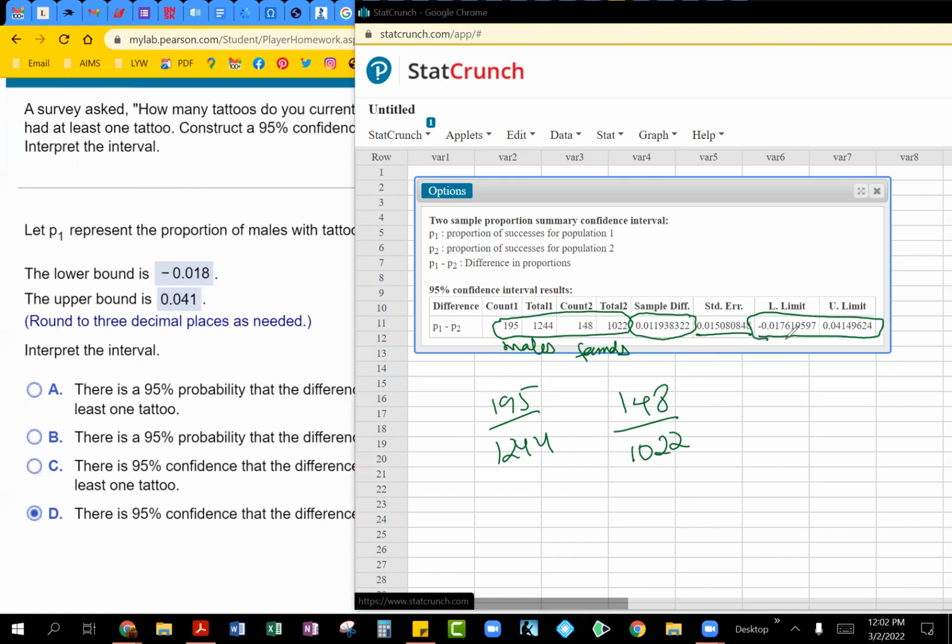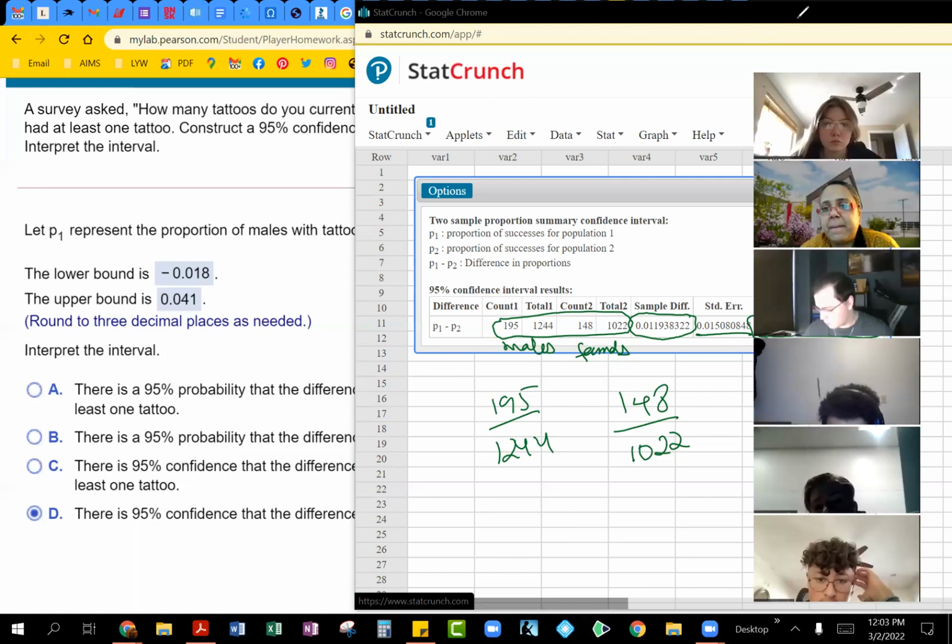So the idea is, how confident are we that we have sufficient evidence to say, yes, there is a difference in the proportions and there is enough evidence to support it, or no, there is not enough evidence to support it. And I would say, look at your sample difference, look at your interval, and what would you say?